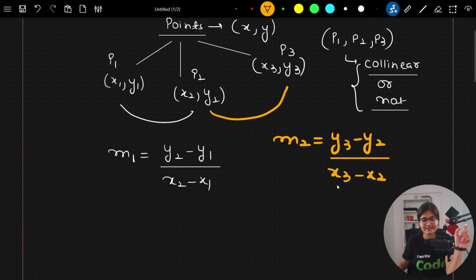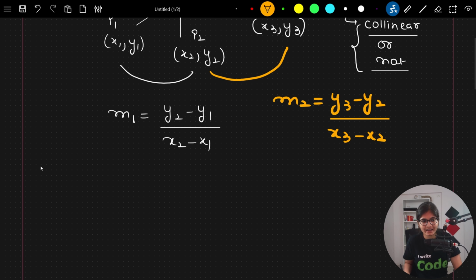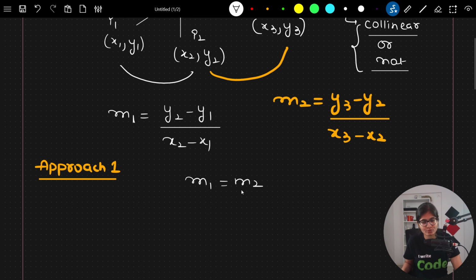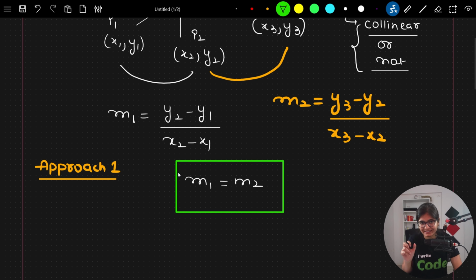Now, approach number 1 which you can suggest to the interviewer is that if the points are collinear, the value of M1 should be equal to the value of M2. If the points are collinear, slope 1 and slope 2 will be equal. This is the very important condition.